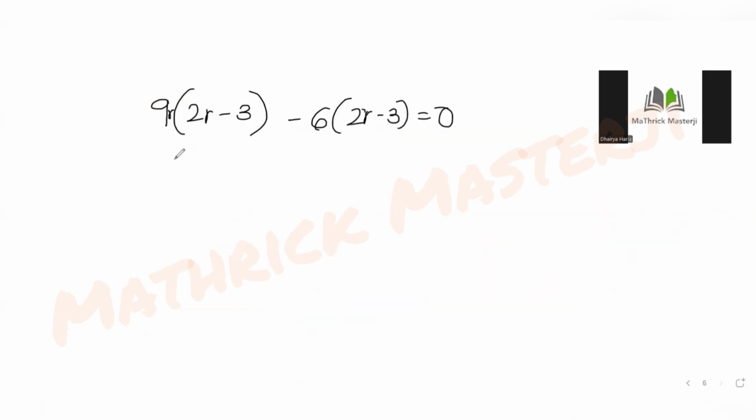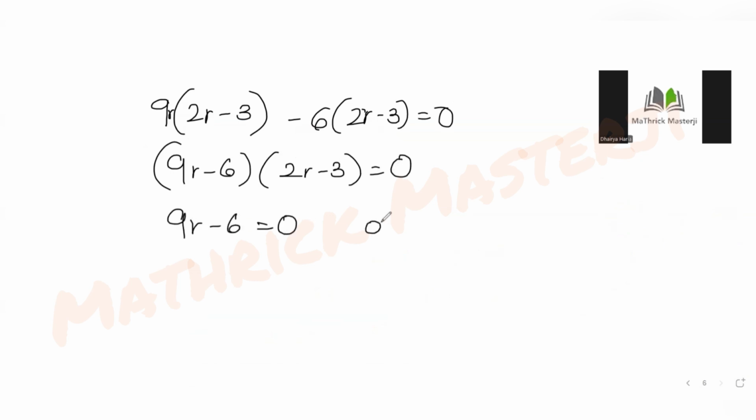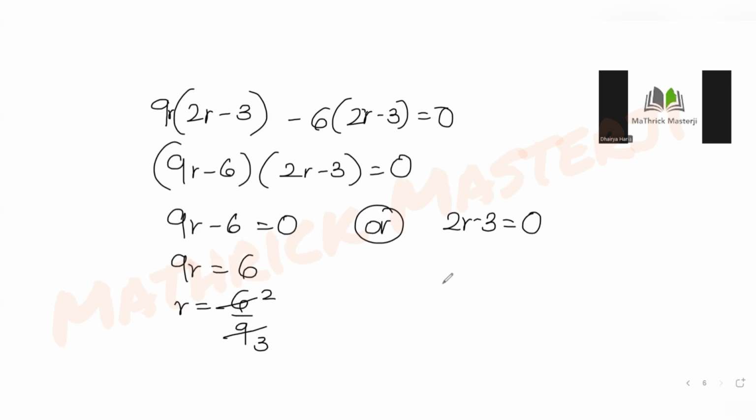So I get 9r minus 6 equals 0, or 2r minus 3 equals 0. So 9r equals 6, or r equals 6 over 9, which is 2 over 3. Here 2r equals 3, so r is 3 over 2.